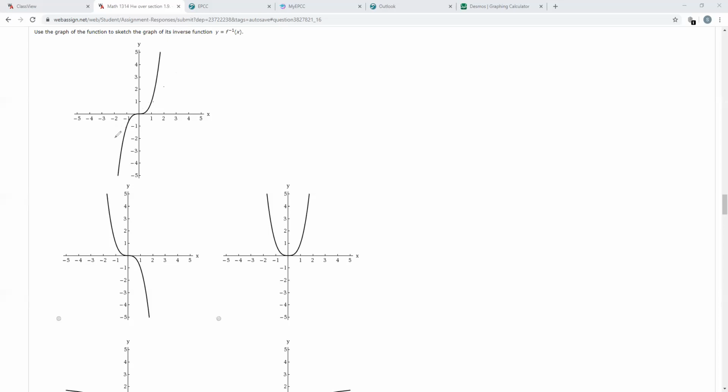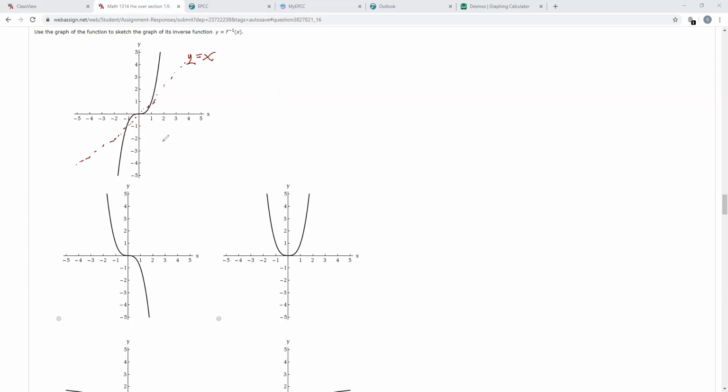And -2, -2. It tells you how weak I am at using this mouse pen. Well, there's supposed to be the reflection line, y equals x.